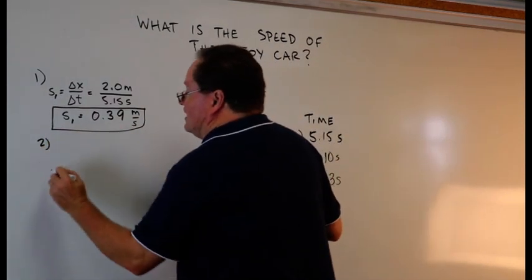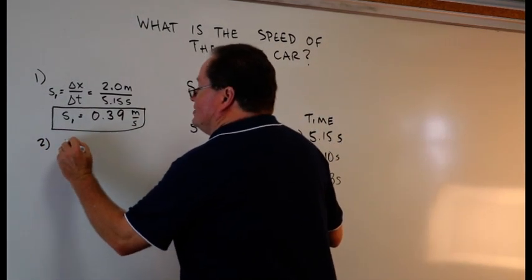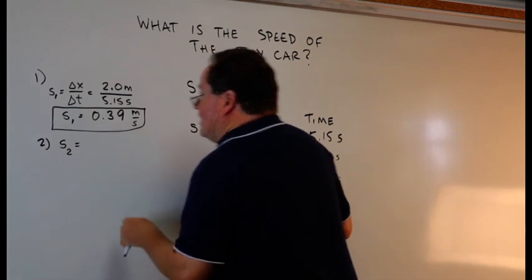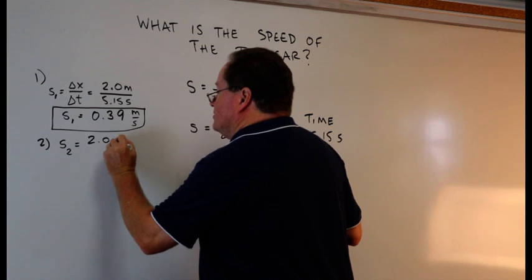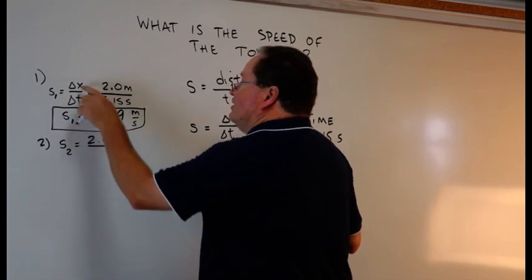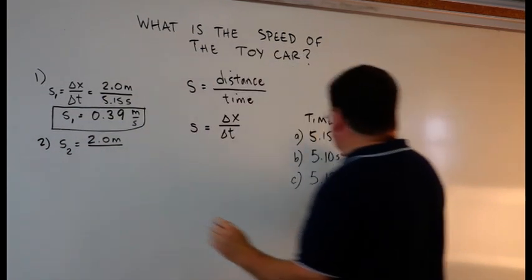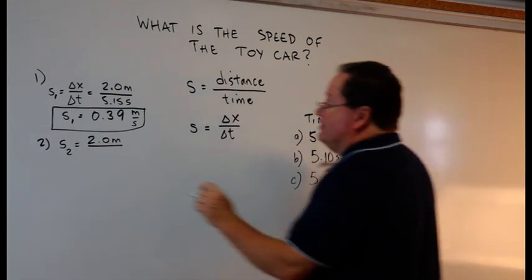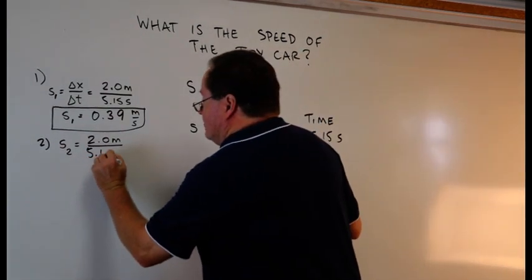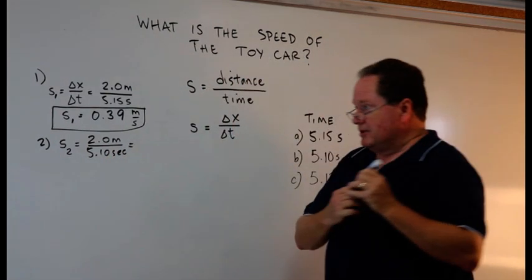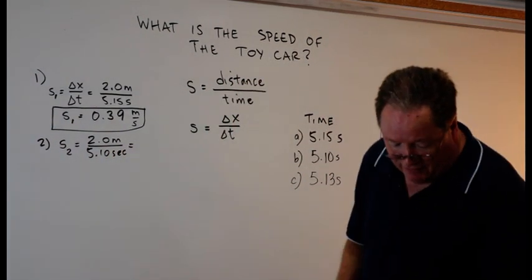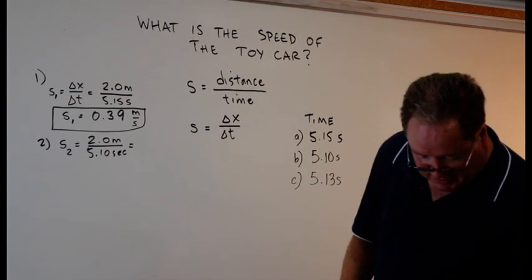We're going to do the second and third trials pretty much the same way. It's going to be delta x over delta t. Again, we know our delta x is 2 meters. We know that our time for the second trial was 5.10. And when we do that math, we're going to get a number that is very close to that first number.